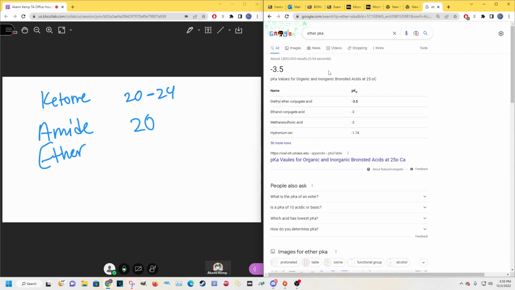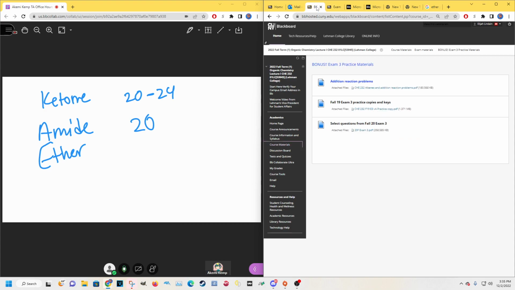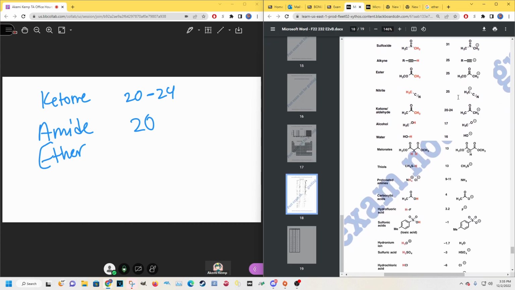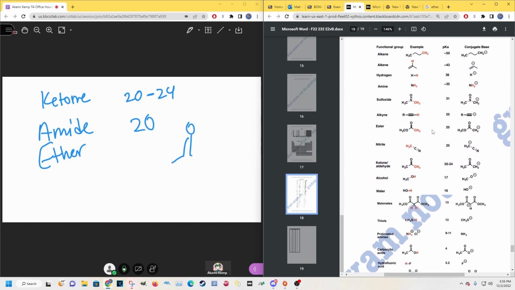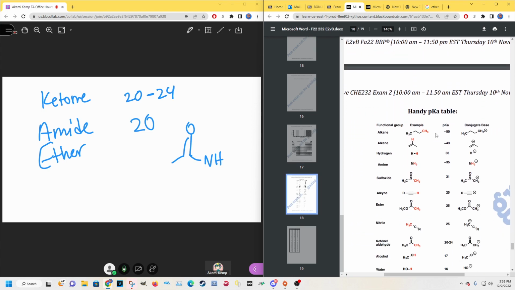Some of these functional groups, they don't really give you the pKa like that. The reason is that amide and ether, they're carboxylic acid derivatives. That's what they're known for, because they have the same carbonyl group function as a carboxylic acid. So this was an amide, and then the ether looks like this.